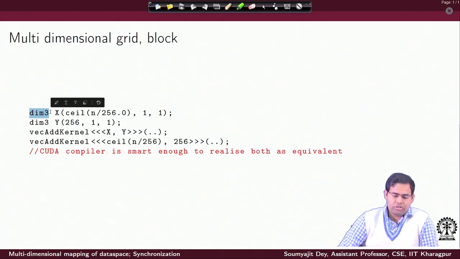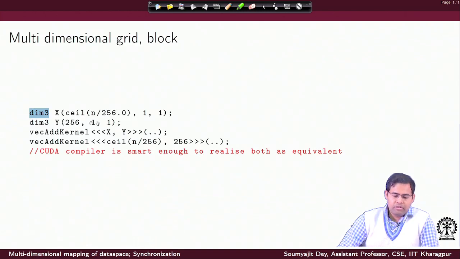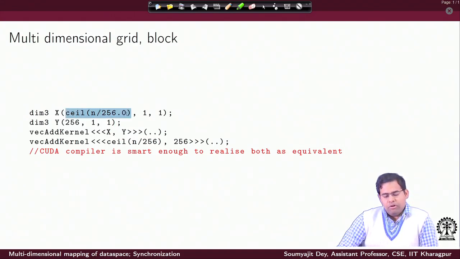That's the structure that we have discussed earlier. So you define it like this: x is a packing of blocks where you have this many blocks in the x dimension, and you don't proceed in the y and z dimensions. So these are set as ones.